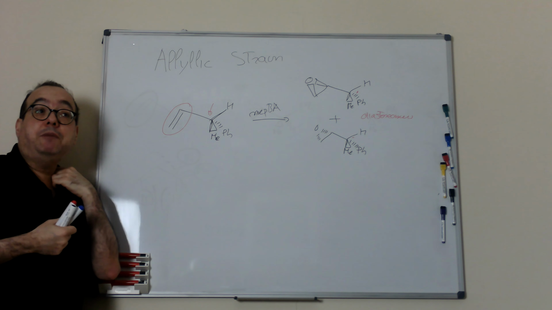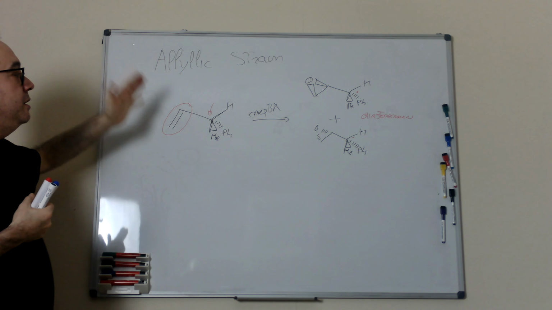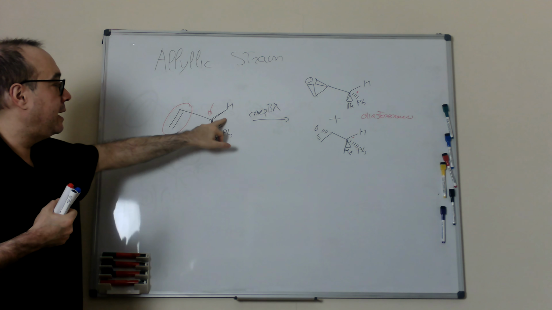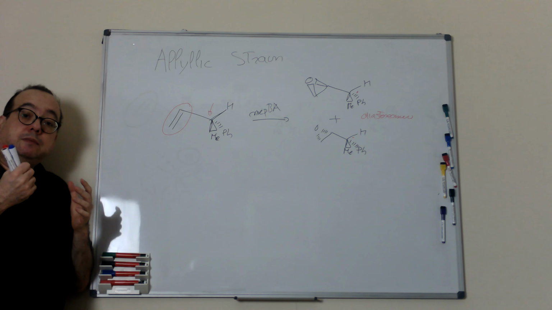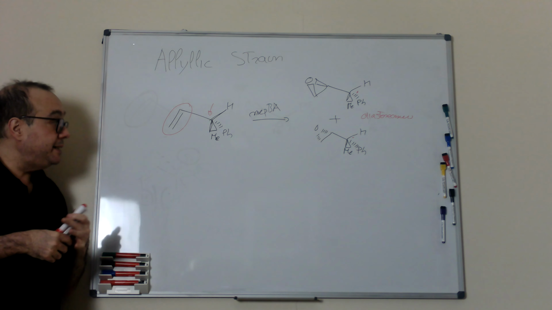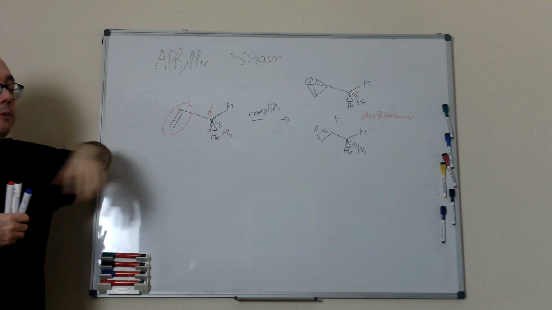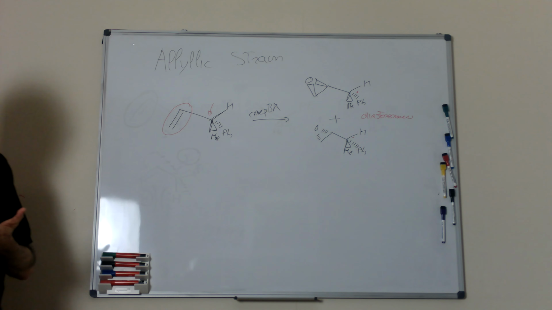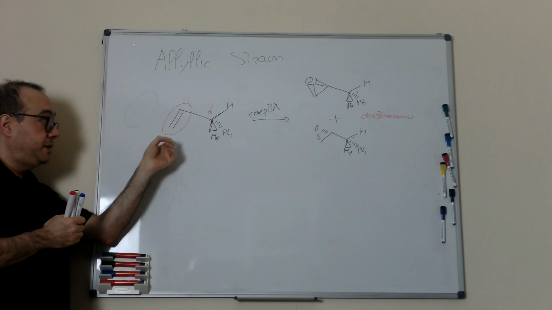In the lecture today, we will learn how to predict which will be the major diastereomer when we have a chiral center here. Good. The first thing we need to do in order to determine how this chiral center will affect the double bond is to draw the lowest energy conformation of this compound.